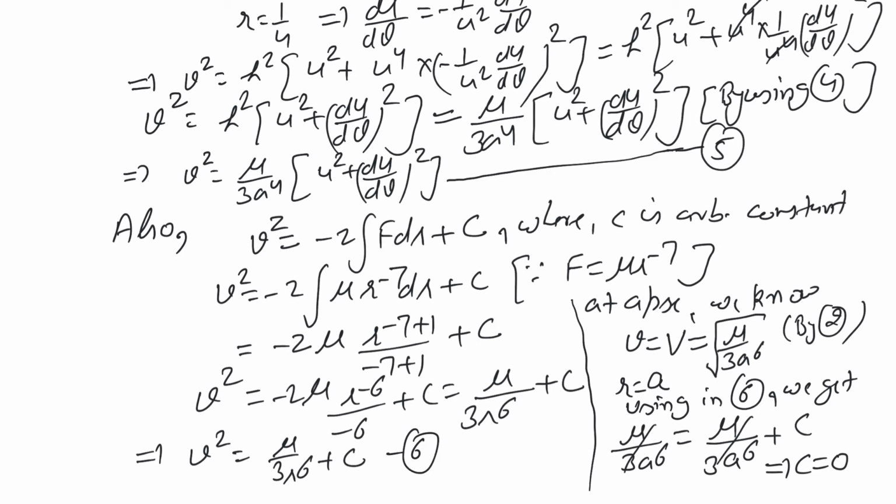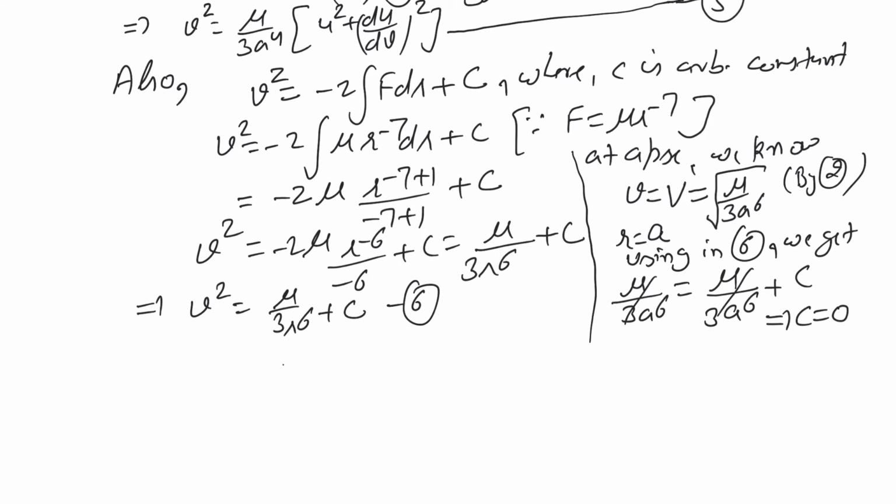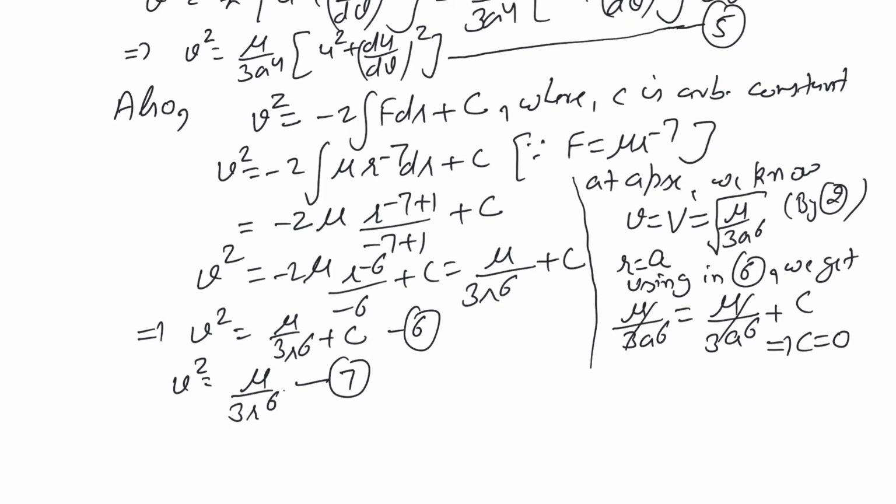So now using c is equal to 0 in equation number 6, we get v square is equal to mu by 3 r^6, and this is named as equation number 7. Using 7 in 5, we get v square is given by 7.